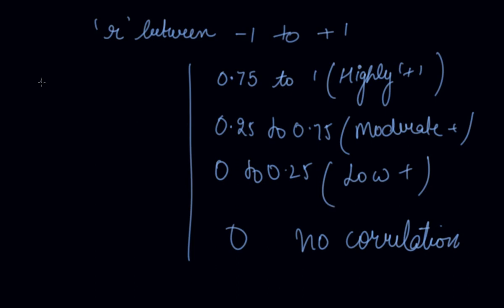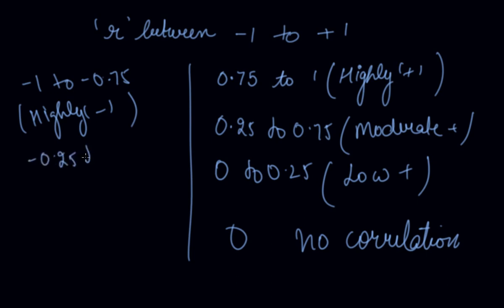In the same way, if it lies from -1 to -0.75, which means highly negative correlation. From -0.25 to -0.75, moderate negative correlation.